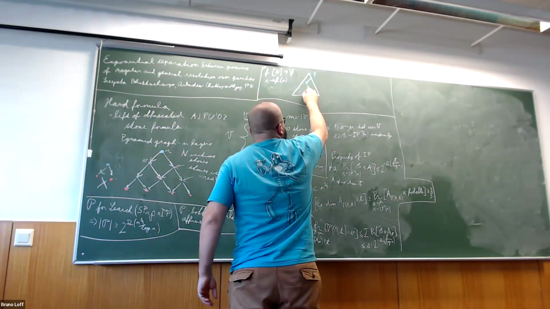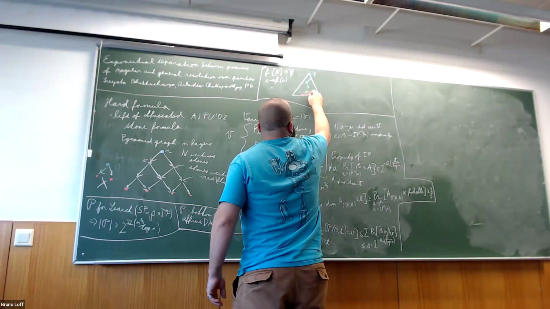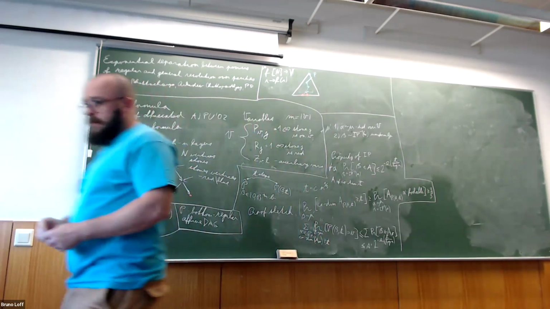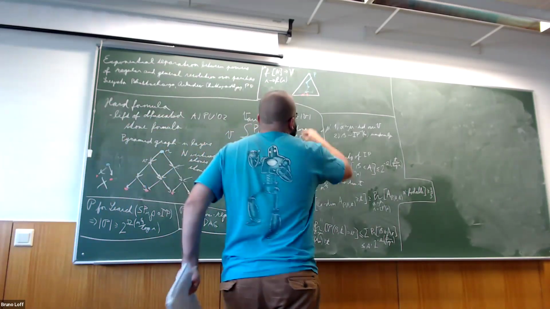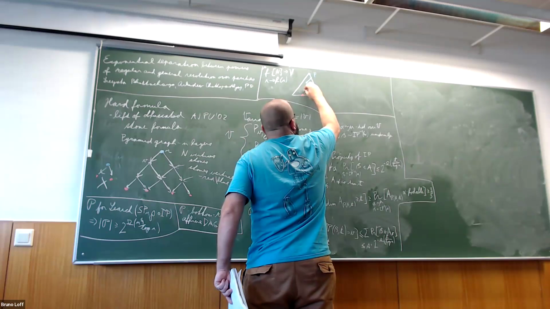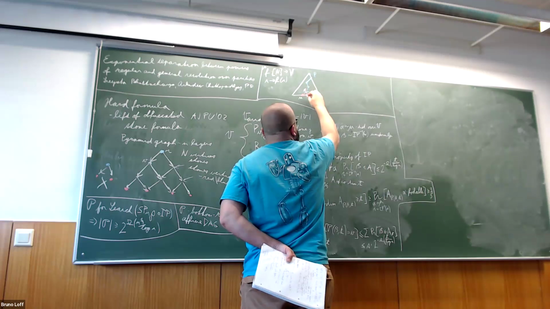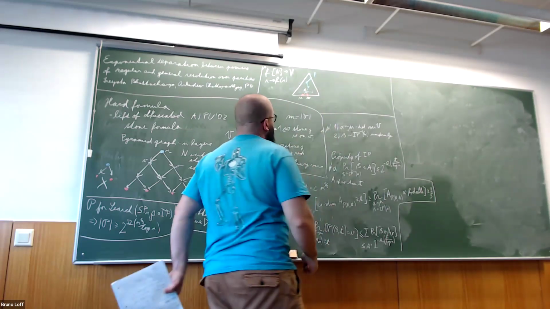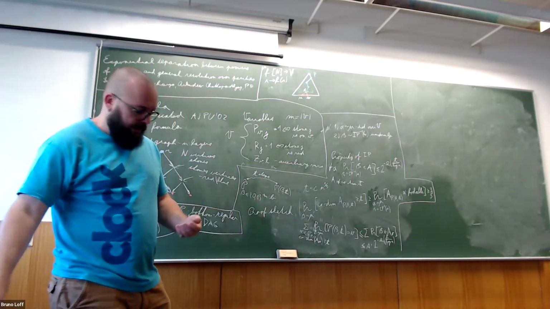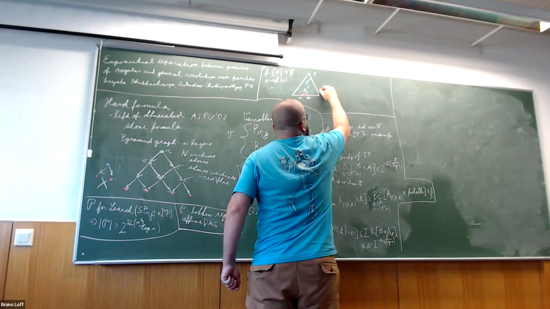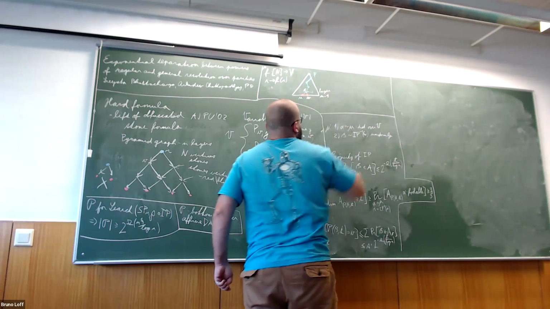So we have this blue path P. We have the end of this blue path called V, and the children of V are U and W. This is layer n minus one.